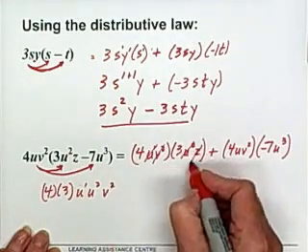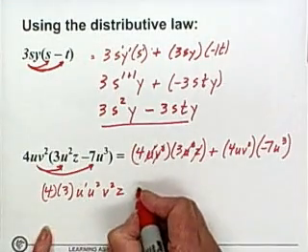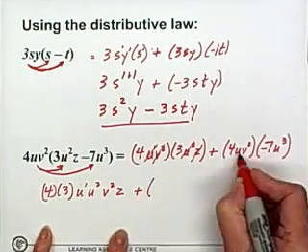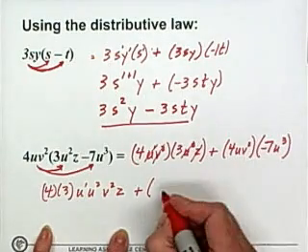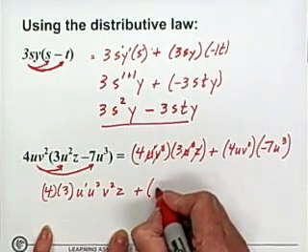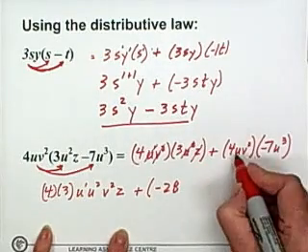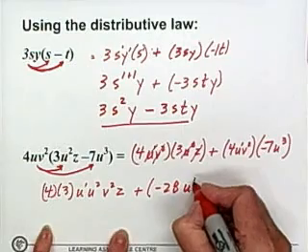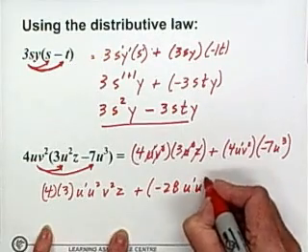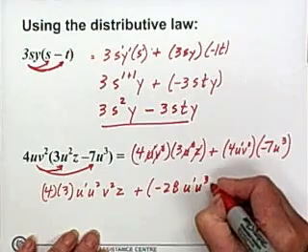And we have a z. Now, I'm just going to put a plus here, because this is going to end up being a minus. We have 4 times minus 7, which is minus 28. We have u to the 1 and u cubed. And we have a v squared.